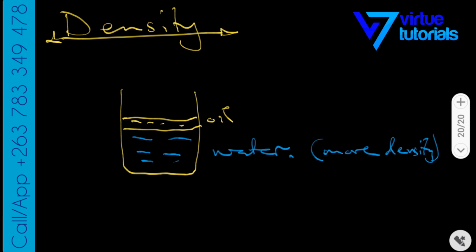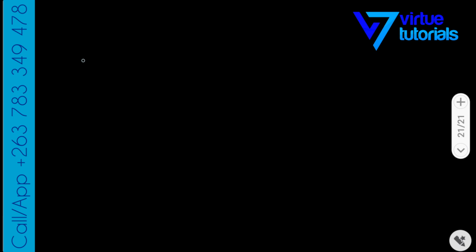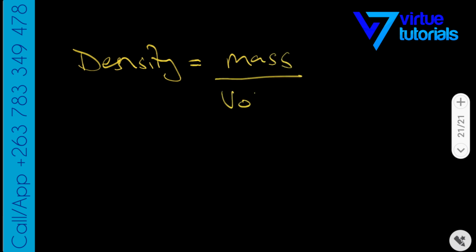But we do have a mathematical formula to calculate density. Density is given by the formula mass divided by volume. So if you know the mass of a certain object and you know its volume, if you divide the mass by the volume, you should find a value for the density.